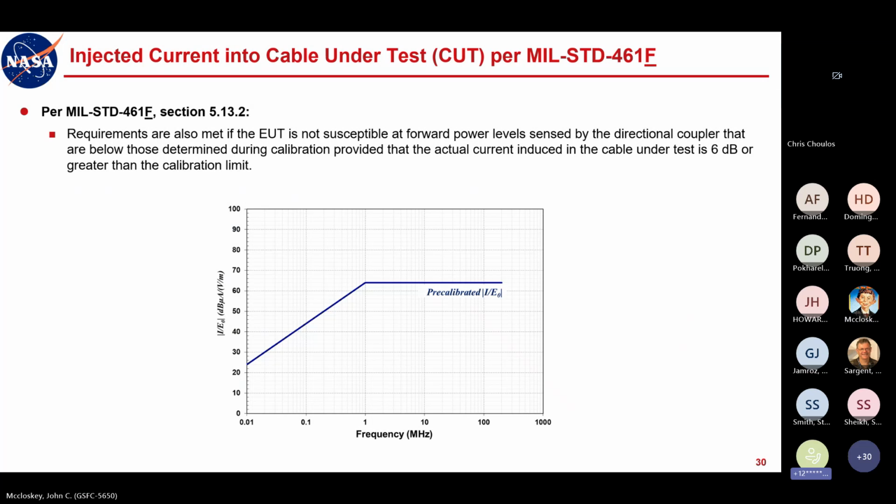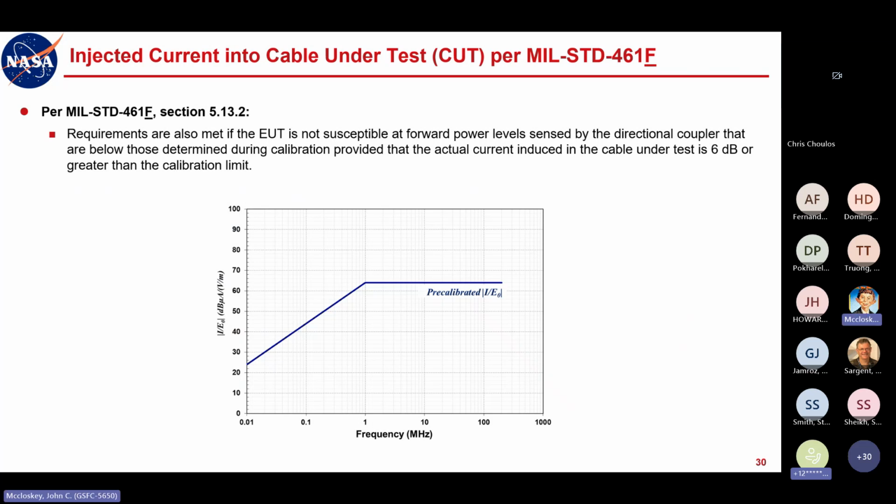So mill standard 461F, again, doing this on purpose for the sake of comparison, and I'll just read this. Requirements are also met if the EUT is not susceptible at forward power levels sensed by the directional coupler that are below those determined during calibration, provided that the actual current induced in the cable is 6 dB or greater than the calibration limit.